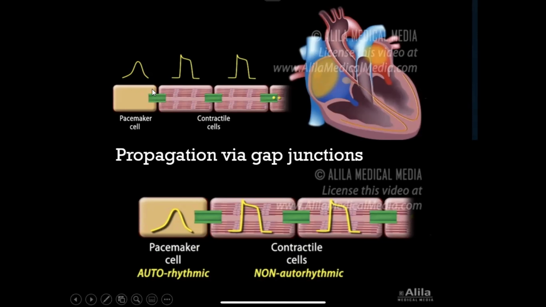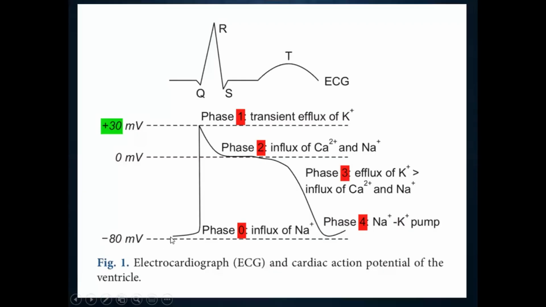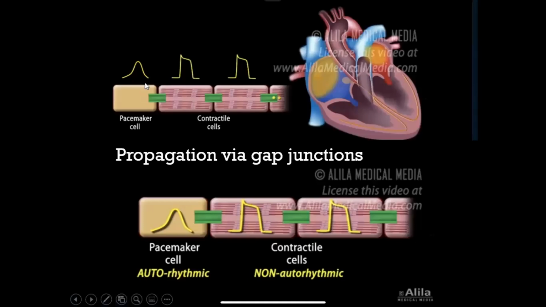So the movement of calcium from one cell to another is how the threshold potential is reached. The positive ion movement via the gap junction from one cell to another cell is how the action potential is propagated from one ventricular myocyte to another myocyte in the heart.